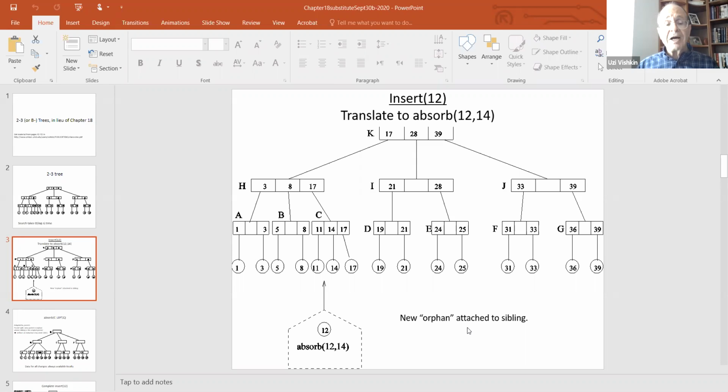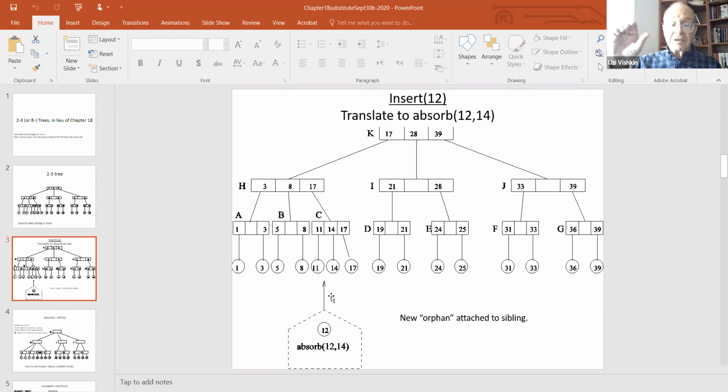In the search, you find that 12 is not already in the tree, because then you stop. And then you figure out that if 12 were to be there, it should be between 11 and 14. So the algorithm actually requires that you will find the immediately larger key in the tree, 14 in this case.